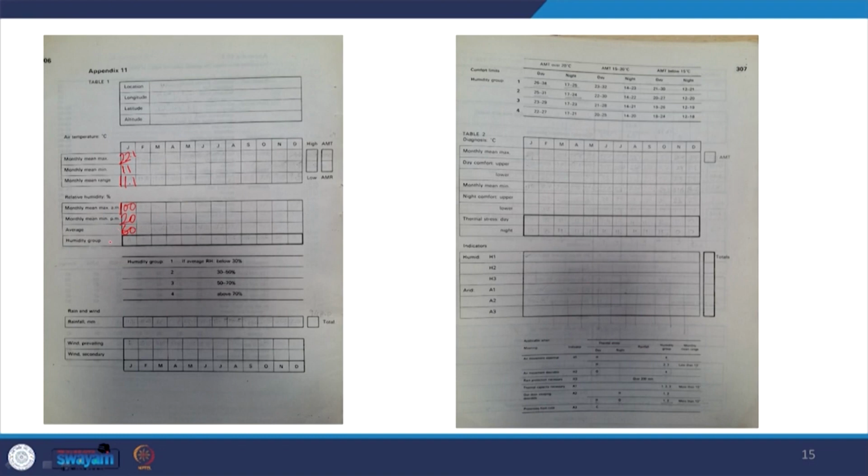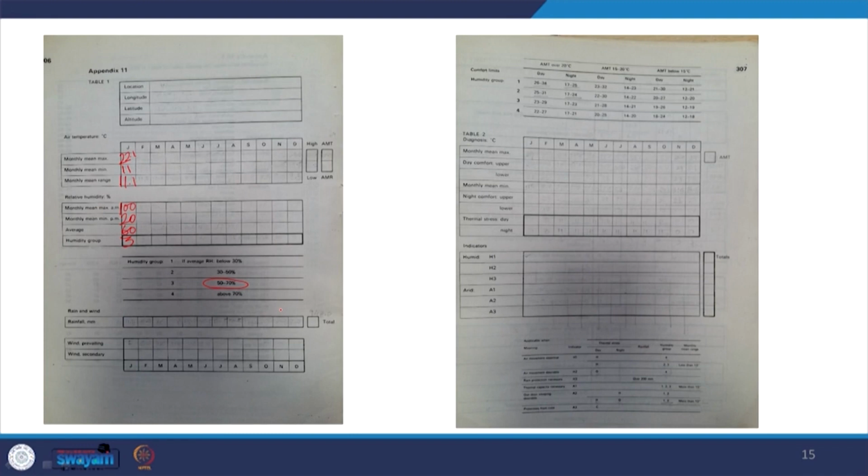For this 60 average, the humidity group is 50 to 70, which is humidity group 3. So, we fill up these two tables. This is the key to fill up the humidity group here. Again, we have this data for rainfall and the annual total rainfall, and the prevailing wind, which is the primary direction, and the secondary direction for each of these months.